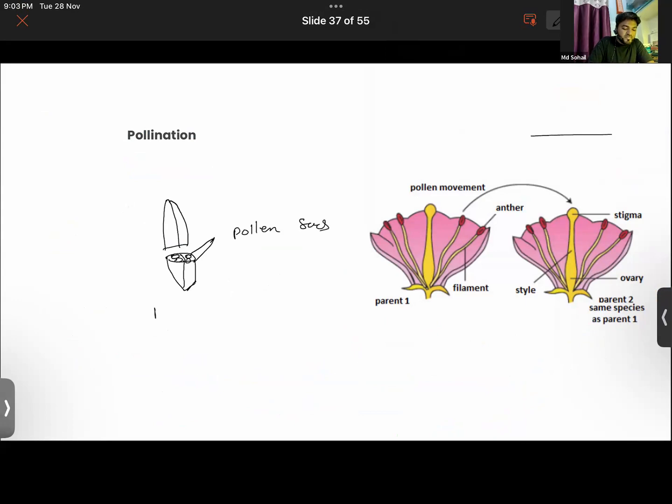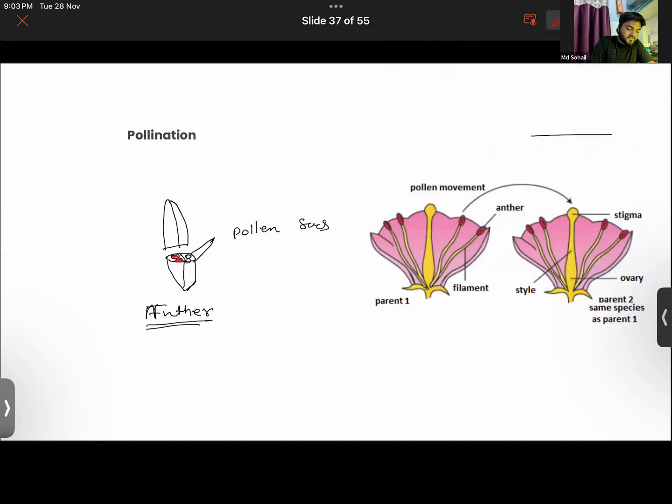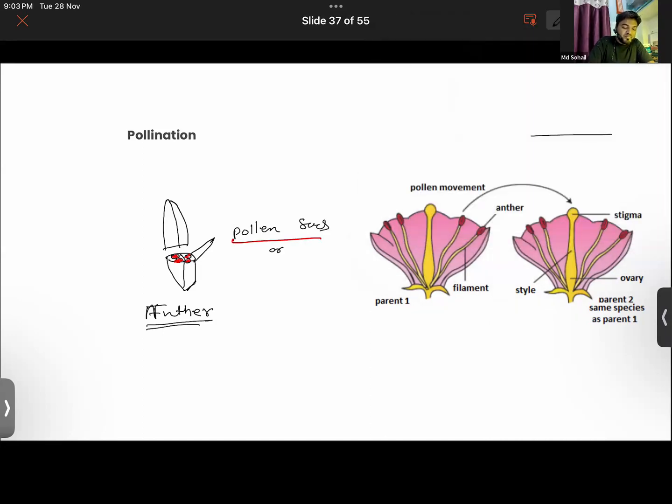This is an anther which we have cut over here. Once this anther ruptures and the pollen sacs come out, it is now called pollen grain.